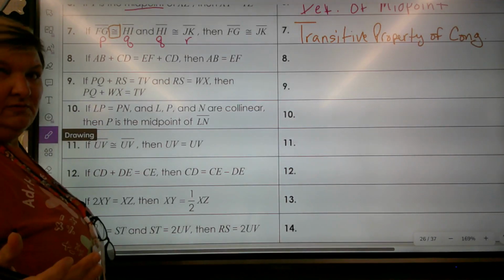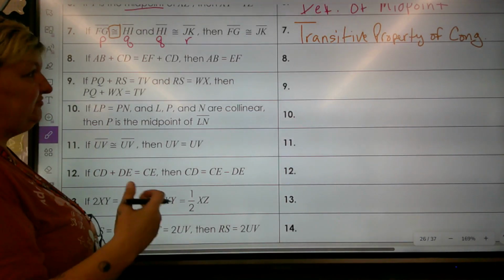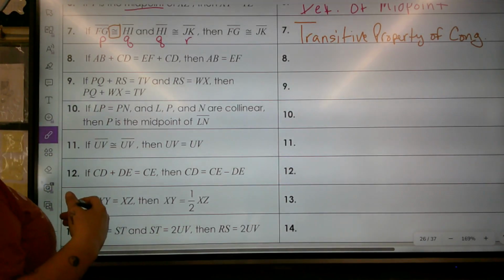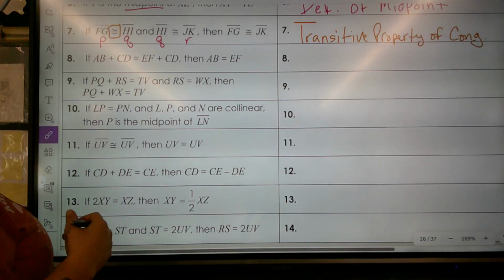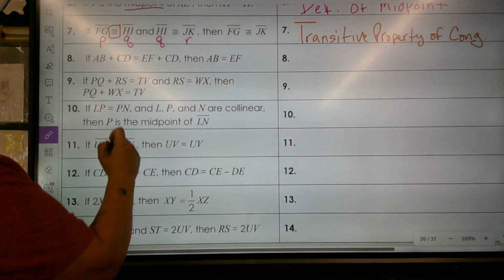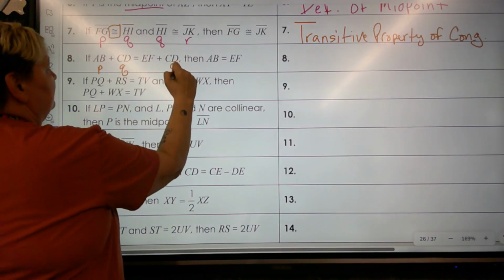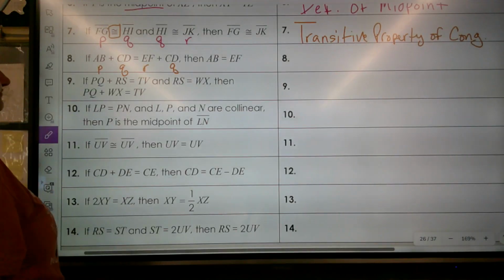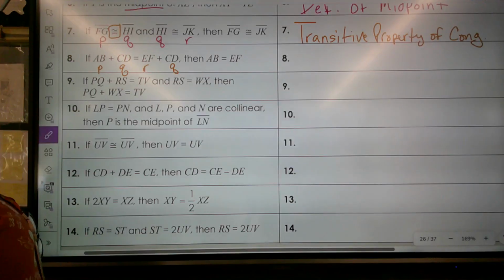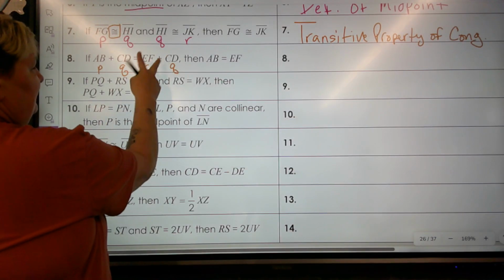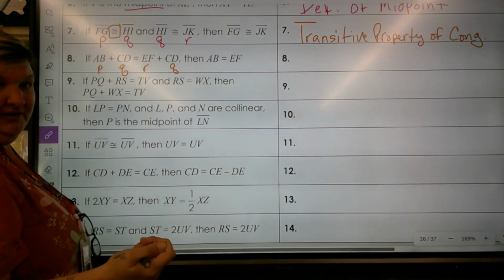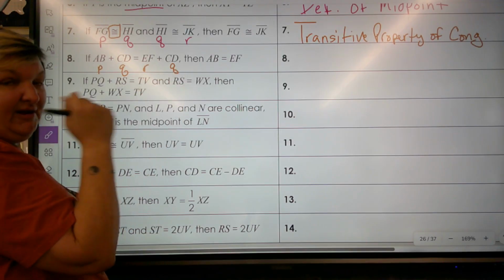All right, so pause it, try it, see what you get. 8. If AB plus CD equals EF plus CD, then AB equals EF. PQQR, yes, it applies, because they're backwards. The property still applies, they just wrote them backwards. If you were to flip these, commutative property, if it's addition, you can switch them around without changing anything.